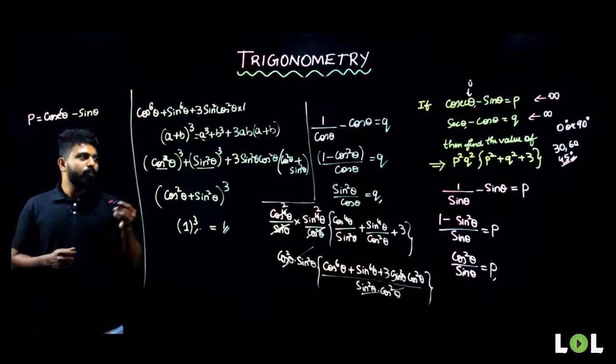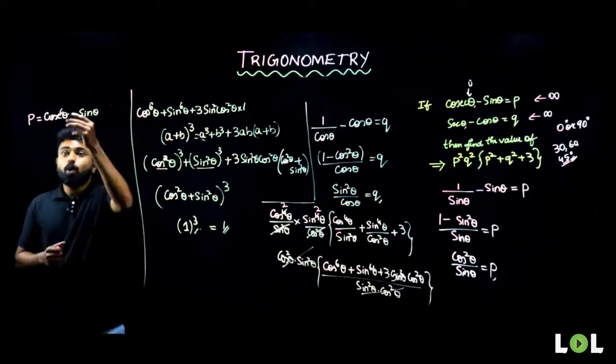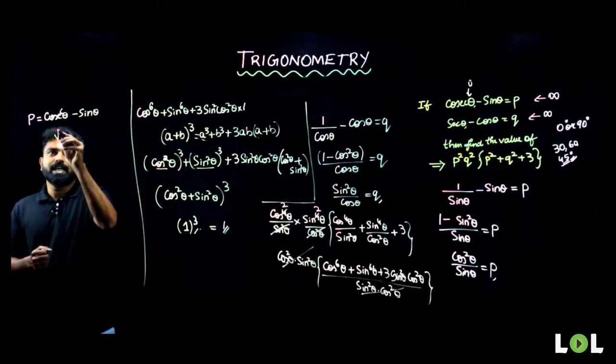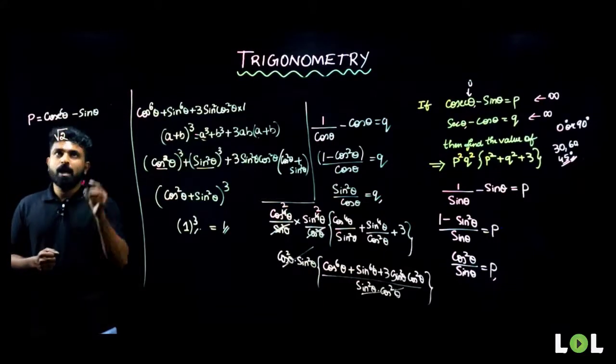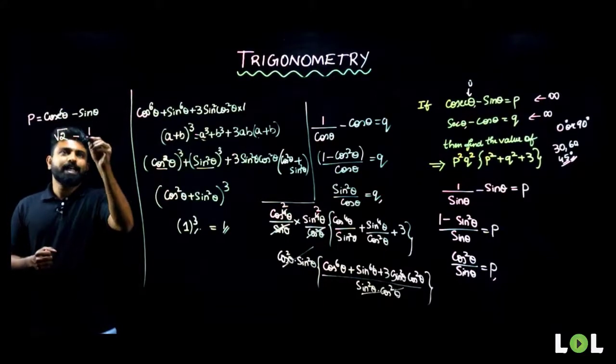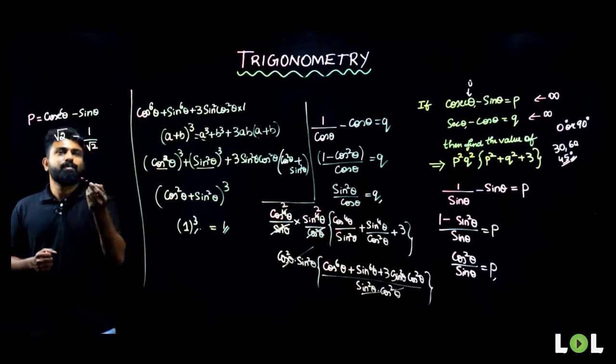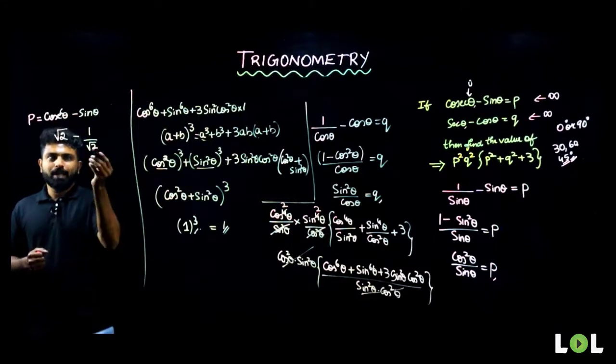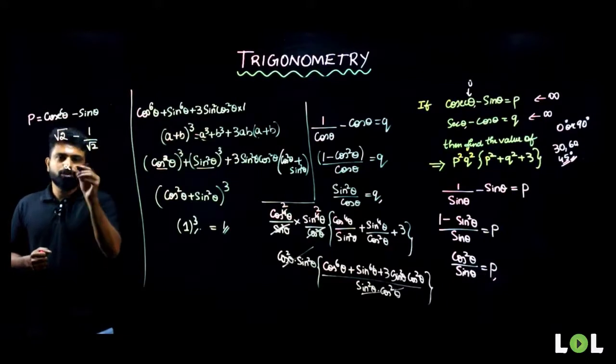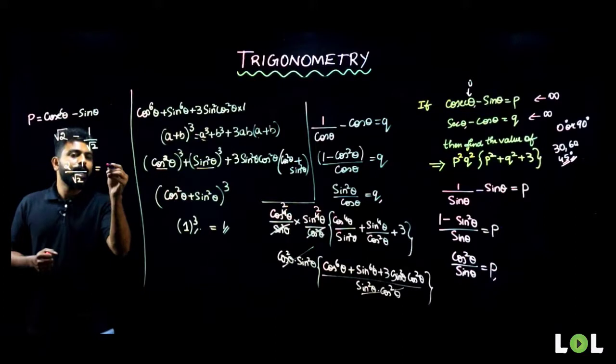If I take theta as 45 degrees, what is cosecant theta? Cosecant theta is root 2, minus what is sin theta? 1 by root 2. Sin 45 is 1 by root 2. So what will I be left with here? If I take the LCM, I am left with (root 2 into root 2 is 2, minus 1) divided by root 2. Meaning I have 1 by root 2 here.